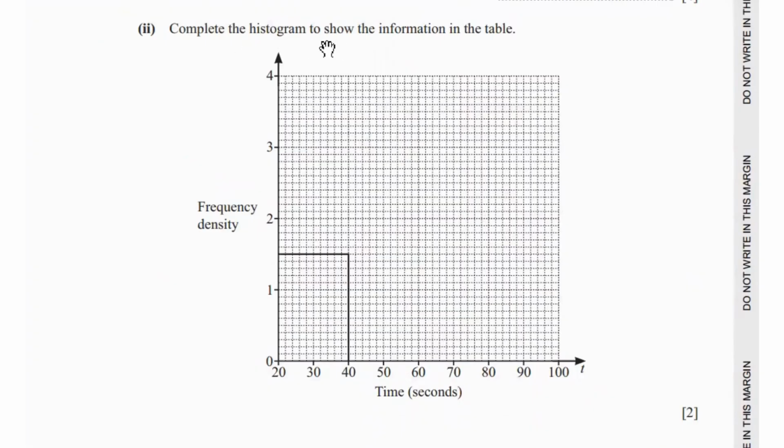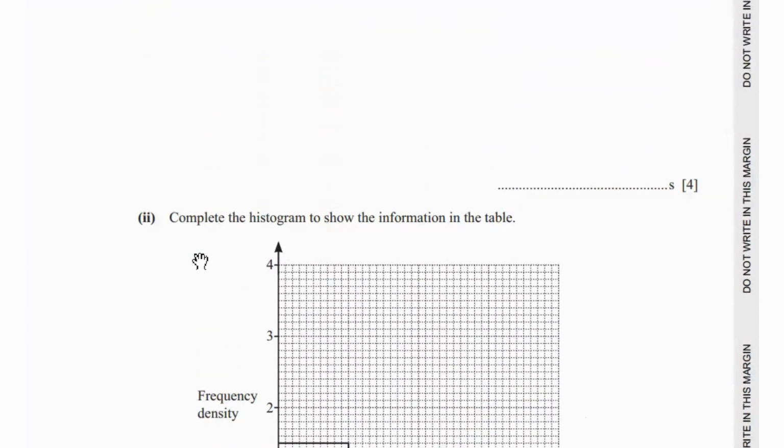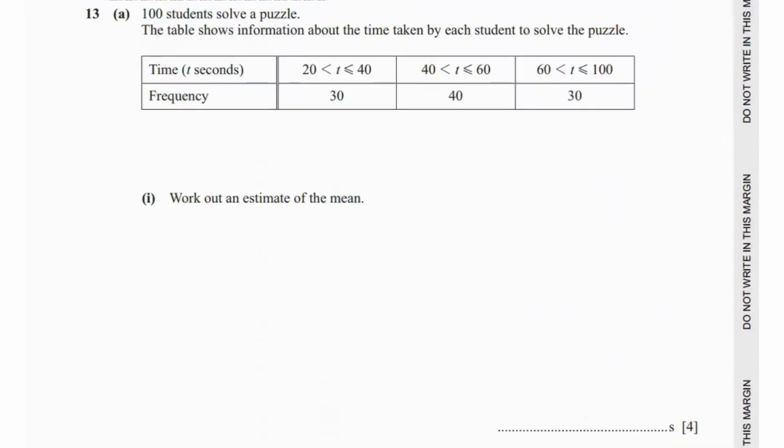Then it says complete the histogram to show the information in the table. For the histogram, we need the frequency density. Frequency density is frequency over class width. So let's use that formula to find the frequency density values for each interval first. Frequency density would be 30 divided by 20.